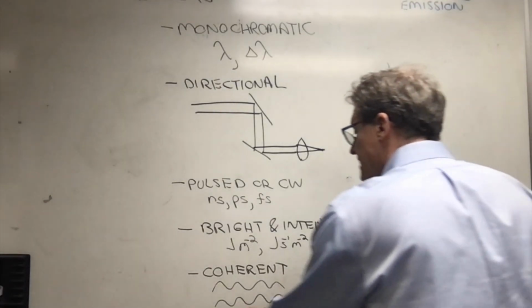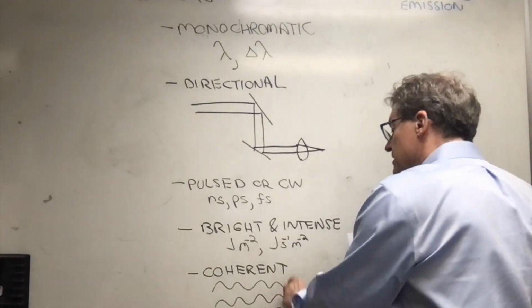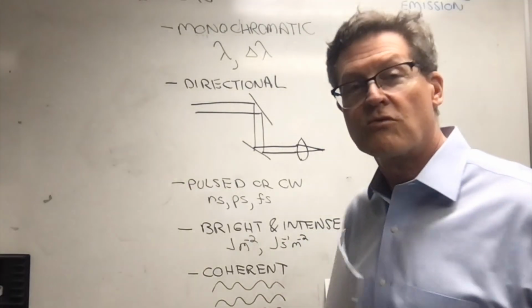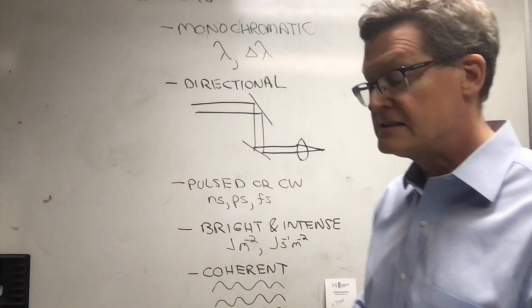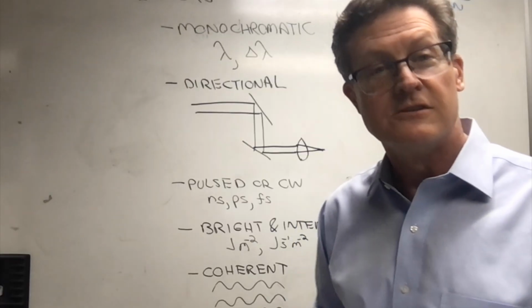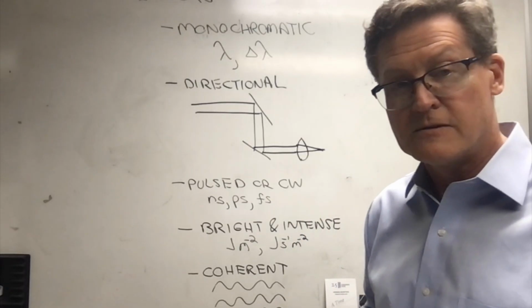So if we look axially along the beam, they're all in phase. Or if we look transversely across the beam, they're also all in phase. So that leads to coherence, and we can use that to our advantage in spectroscopy as well.